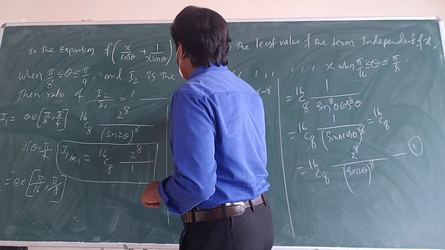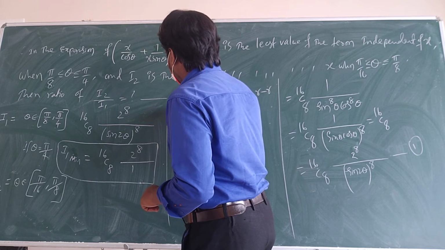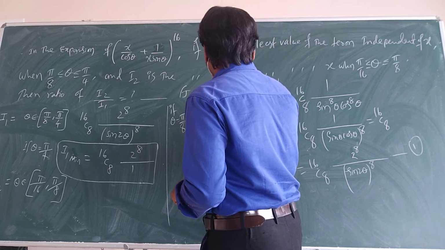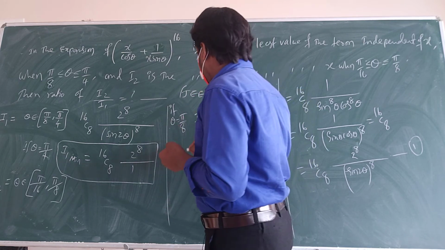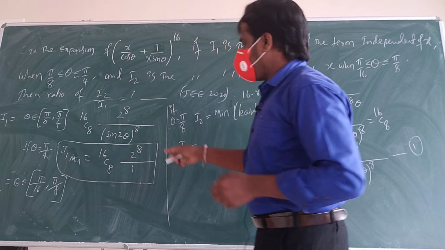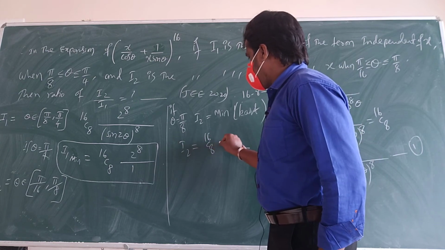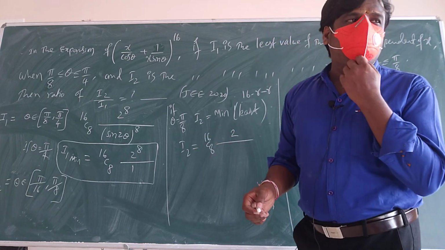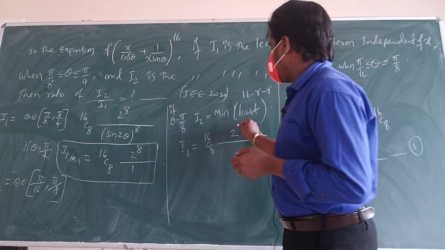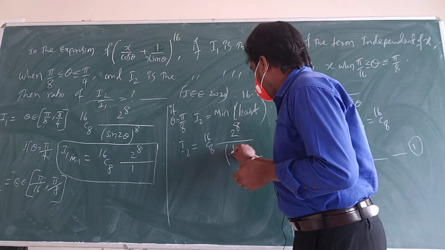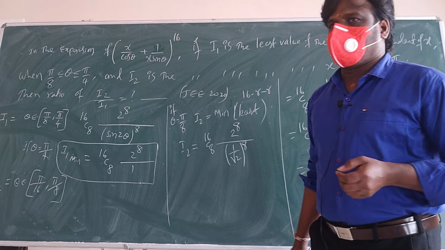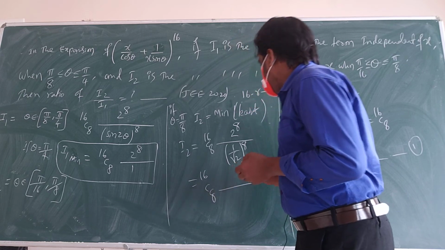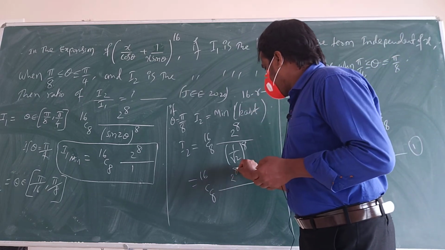If θ is equal to pi by 8, I2 will be equal to the min, and min means least value. Right? I will substitute and find I2. I2 is equal to 16C8 times 2 power 8 over (1 by root 2) power 8.